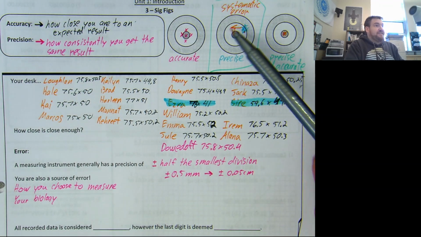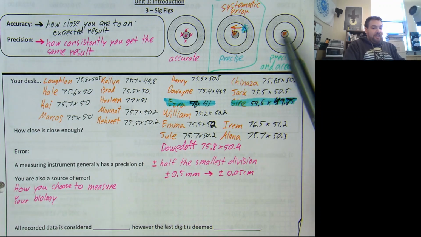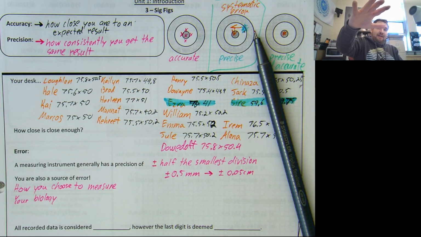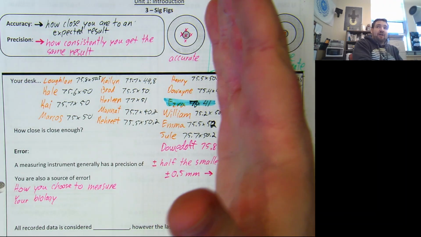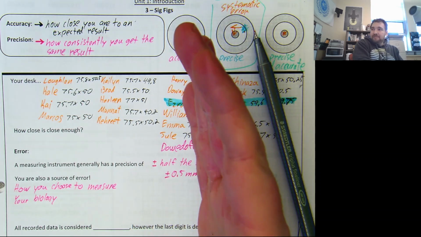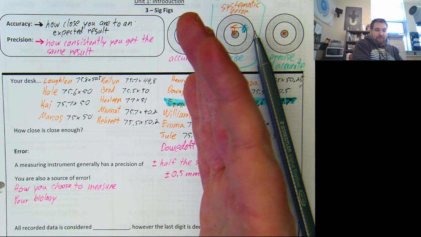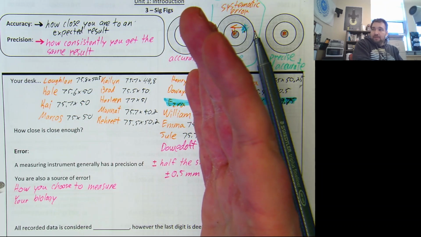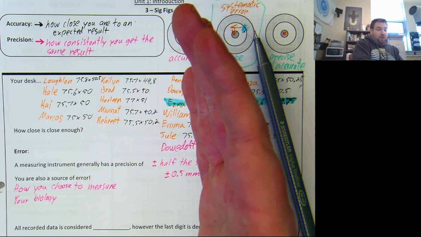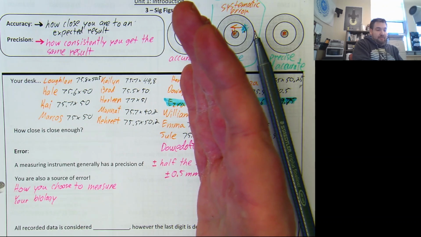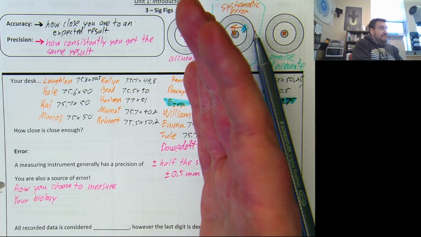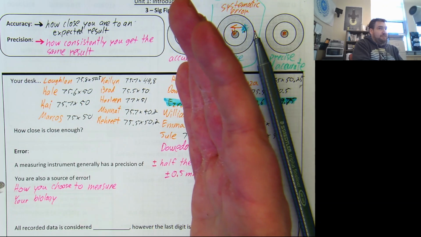Coming back to the shooting example, if you look at my hand, I've got a slight tremor. As much as I try to hold my hand still, let me see if it picks it up on the camera. This is me attempting to hold my hand still. You can see it's kind of bouncing all over the place.